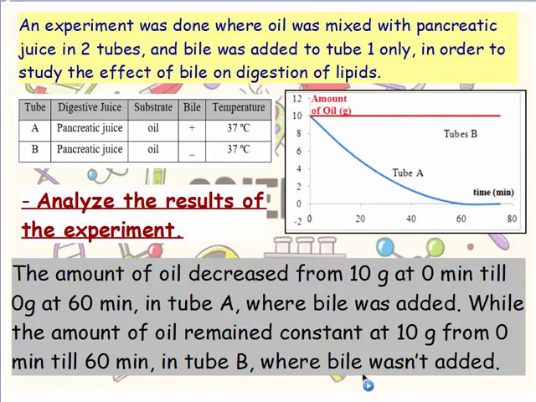This is the manipulated factor. Here we notice we made a relation between the measured factor and the manipulated factor, which is the presence and absence of bile. Okay, and don't forget to write the numbers to say increase or decrease or constant, and if we have to compare, we have to say why.